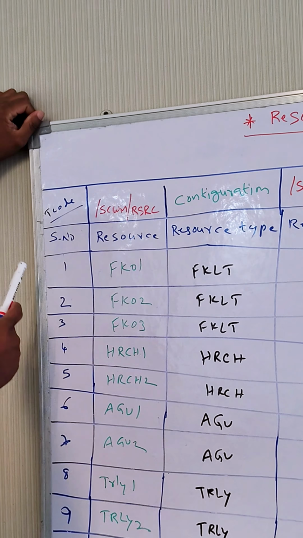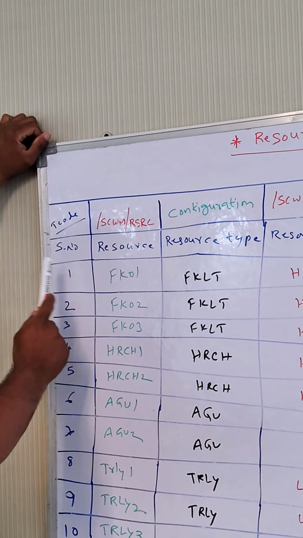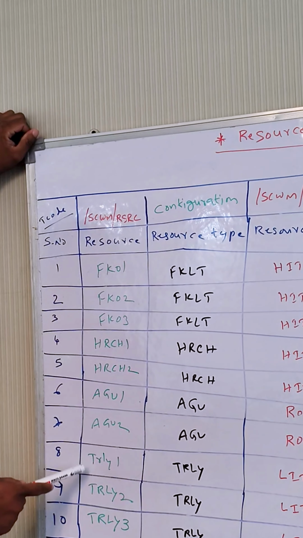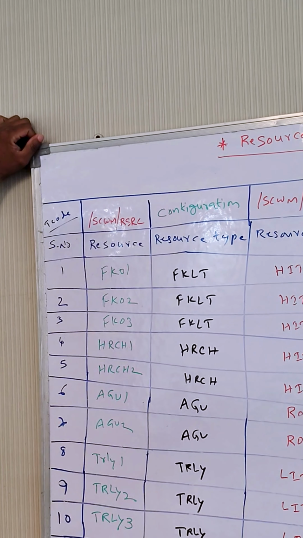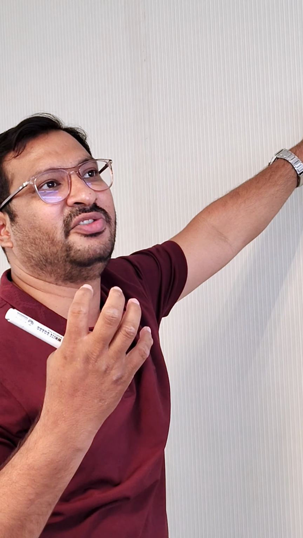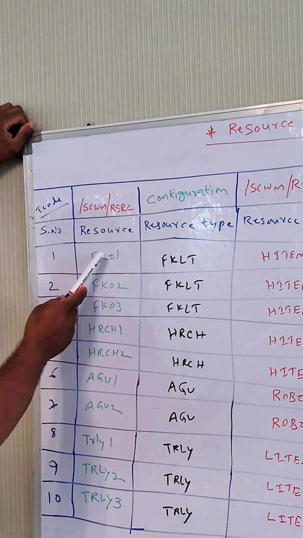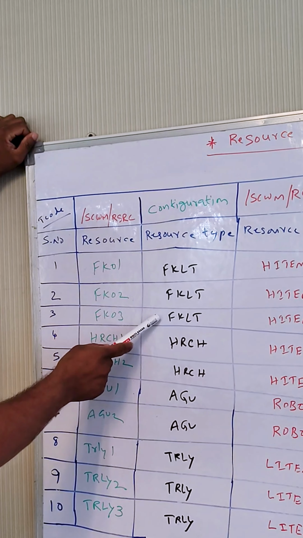First of all, you have to define a resource type, which is a configuration. Since forklifts, high reach trucks, automated guided vehicles and trolleys are used by different users with different business operations and different warehouse processes, first these forklifts I am going to define under the FKLT resource type.